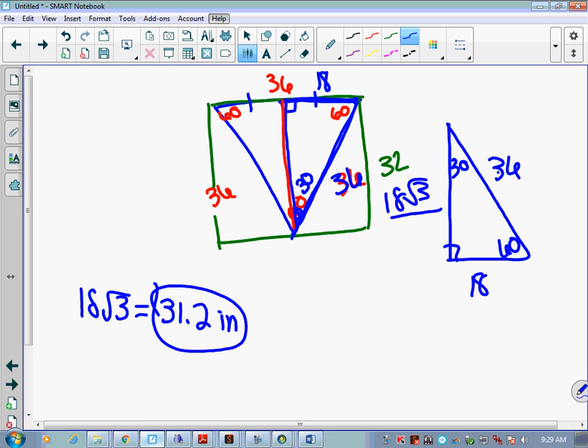So if you'll memorize those 30, 60, 90 ratios, it makes 18 radical 3 a whole lot faster than, okay, what is 18 squared, what is 36 squared, and I've got to square root this. It shortens the number of steps I actually have to do. And the fewer steps I have to do to solve a question, the less likely I am to make a mistake. All right, do we understand that question?